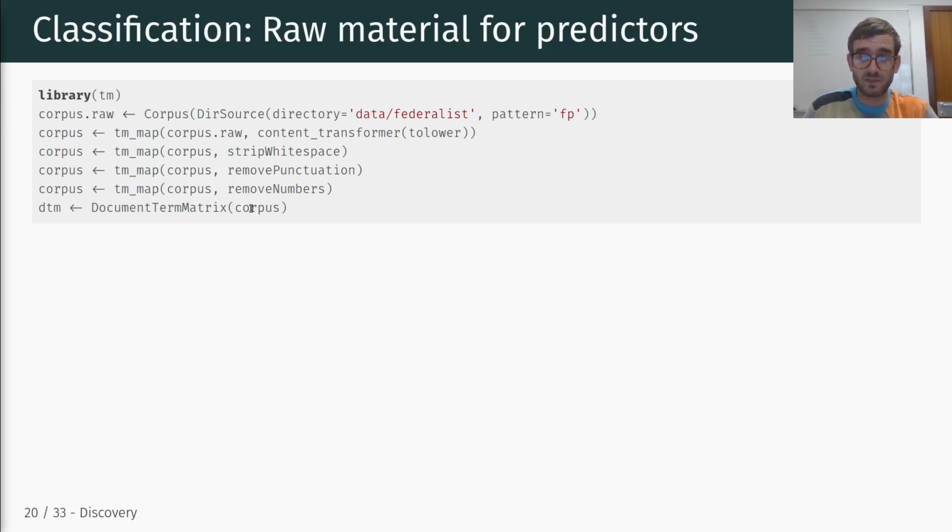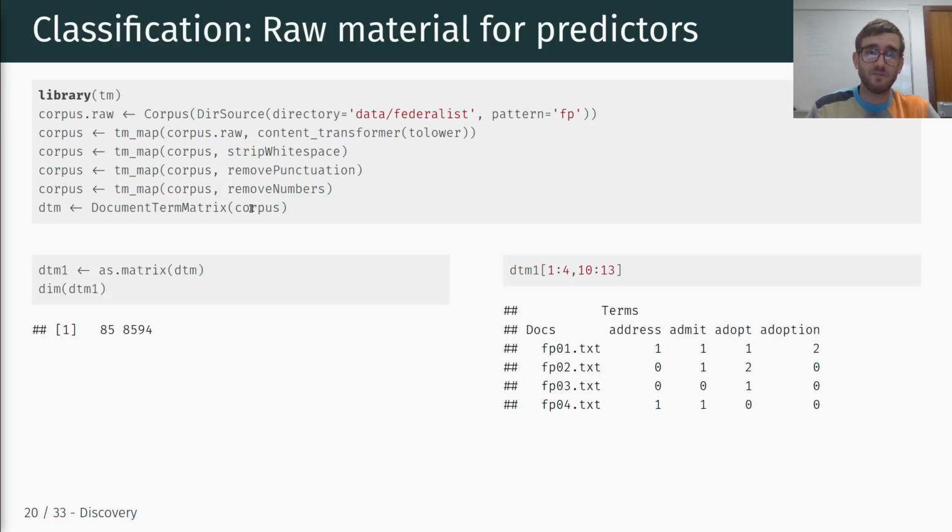So you could think of all the columns, all the variables, as the entire vocabulary, the set of all words that appear across all those documents. And the entries in that large matrix basically contain the counts of how often a word occurs in a given document, right? So of course, this document term matrix is incredibly large, especially when you have a large collection of documents in your corpus, right?